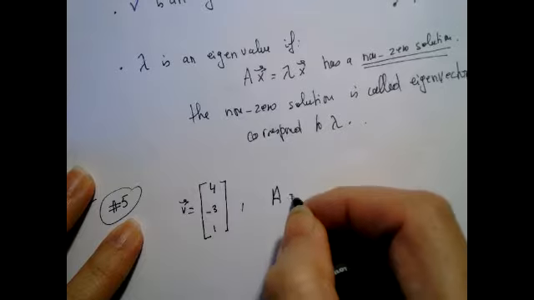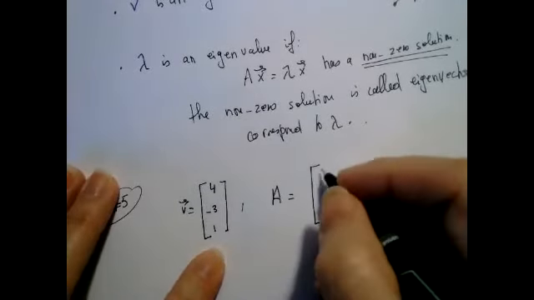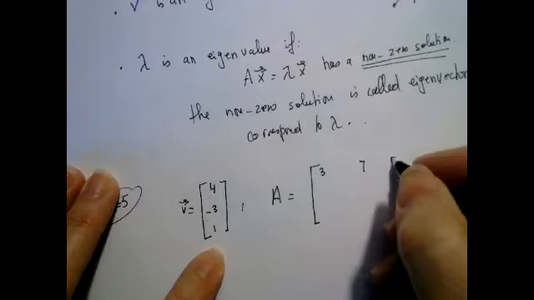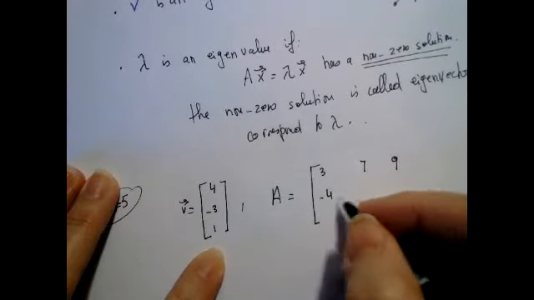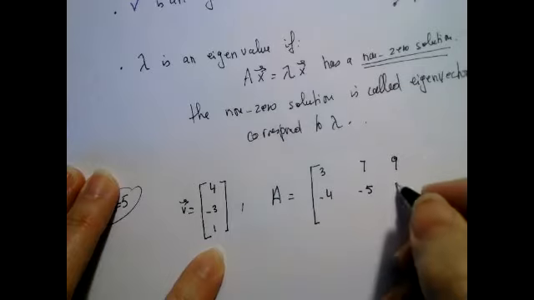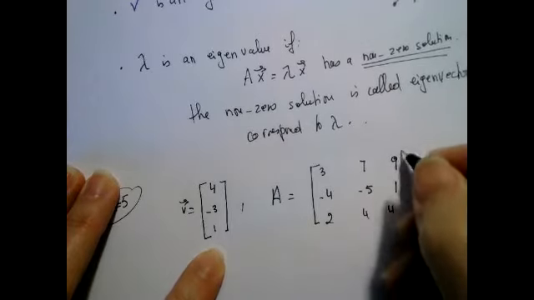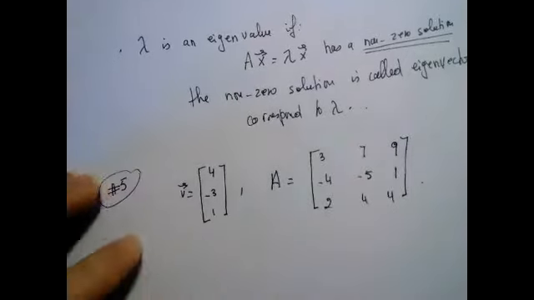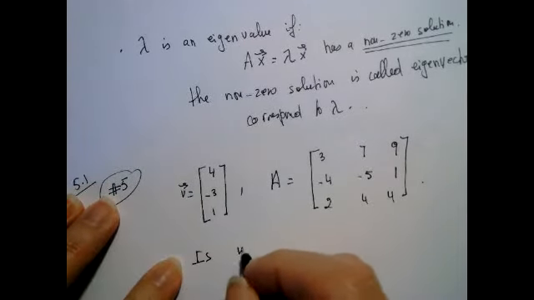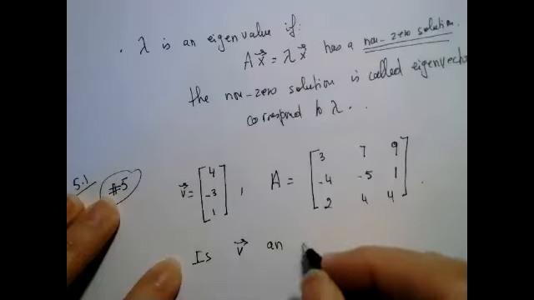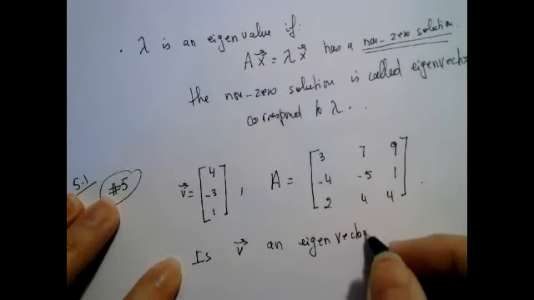And we have a matrix A, which is equal to the rows (3, 7, 9), (minus 4, minus 5, 1), and (2, 4, 4). And the question is: is V an eigenvector for A?